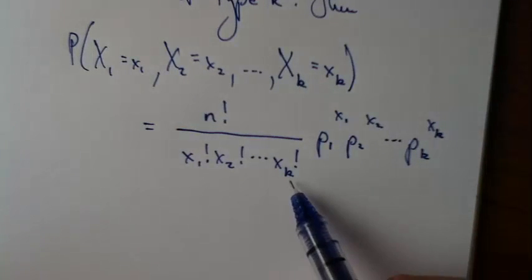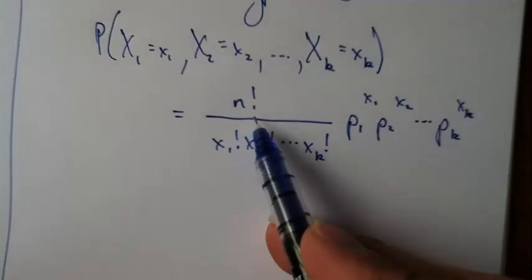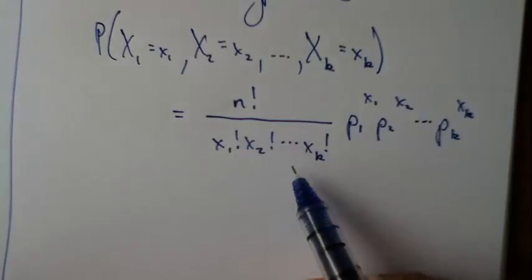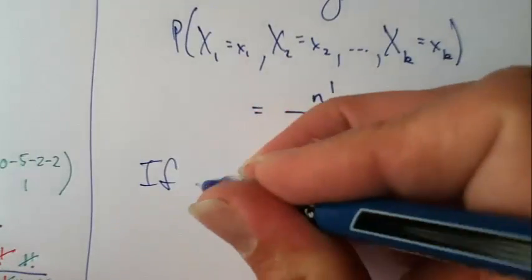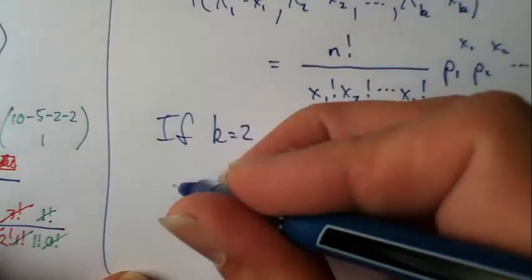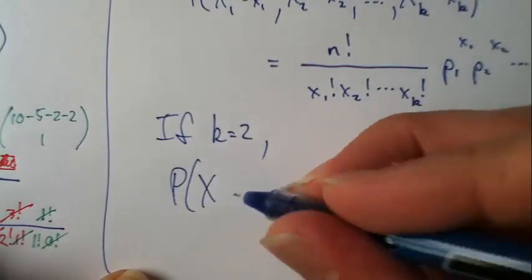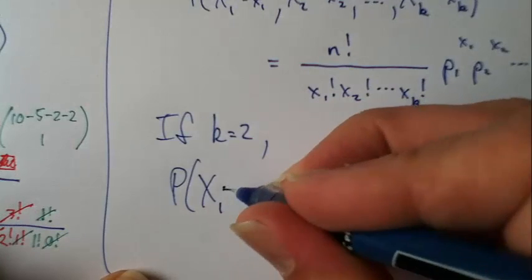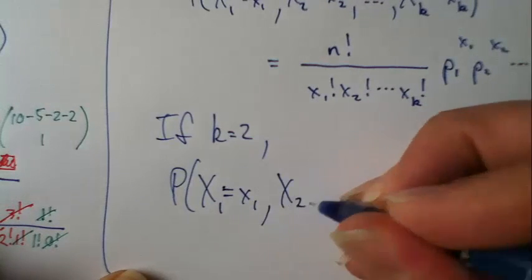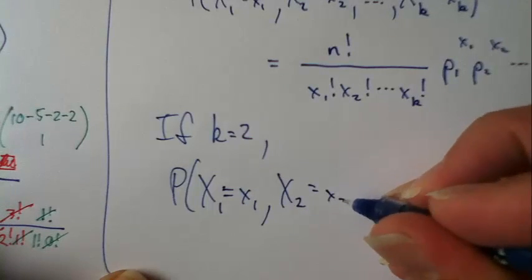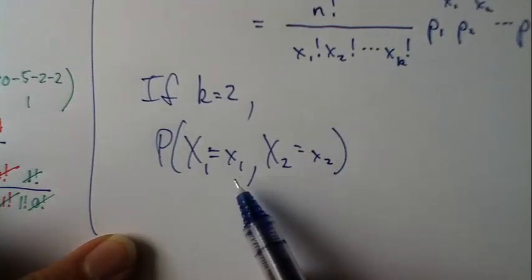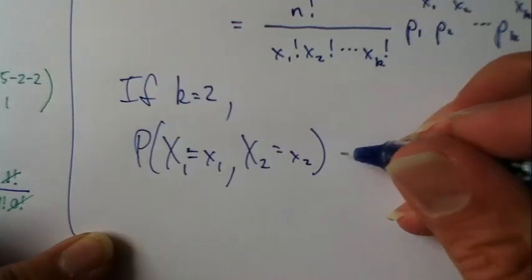If k equals 2, then you have n factorial over x1 factorial x2 factorial. In fact, let's just do that. If k equals 2, then this is the chance that X1 equals x1 and X2 equals little x2. But hey, if you only have two types of items, then this is sort of redundant, isn't it?